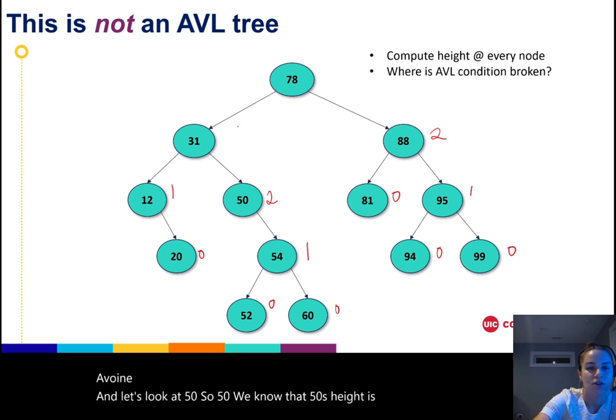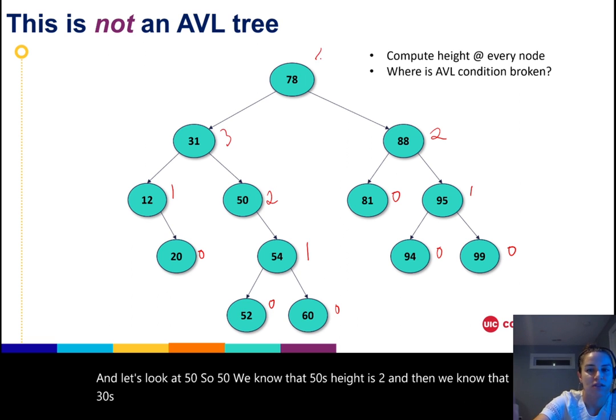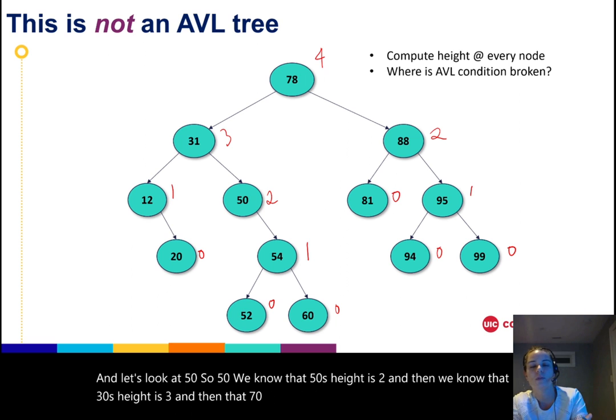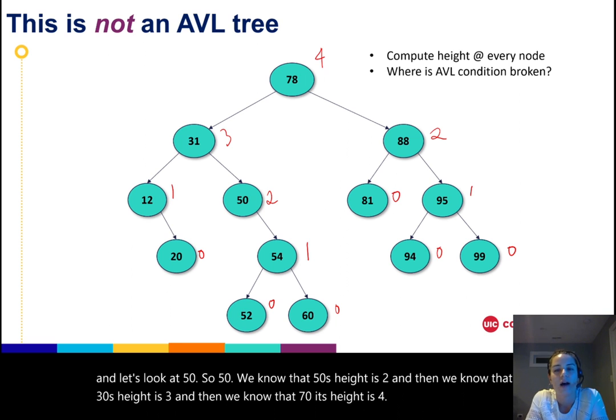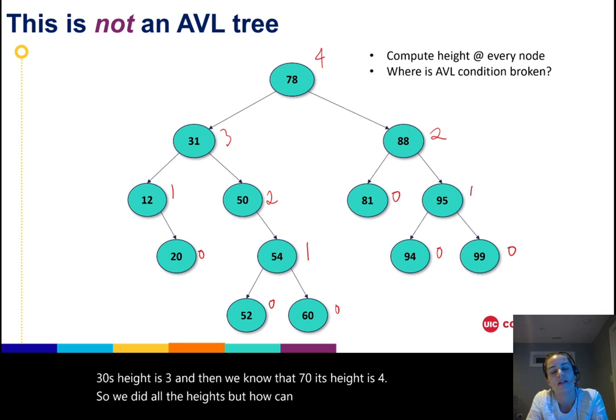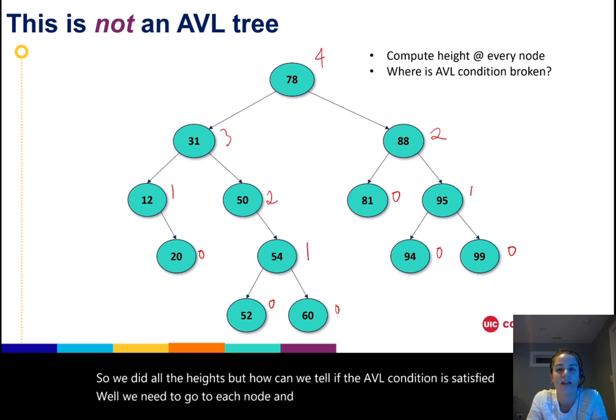Then we know that 30's height is 3, and 78's height is 4. So we did all the heights, but how can we tell if the AVL condition is satisfied? Well, we need to go to each node and make sure that its subtrees' heights differ by at most 1.